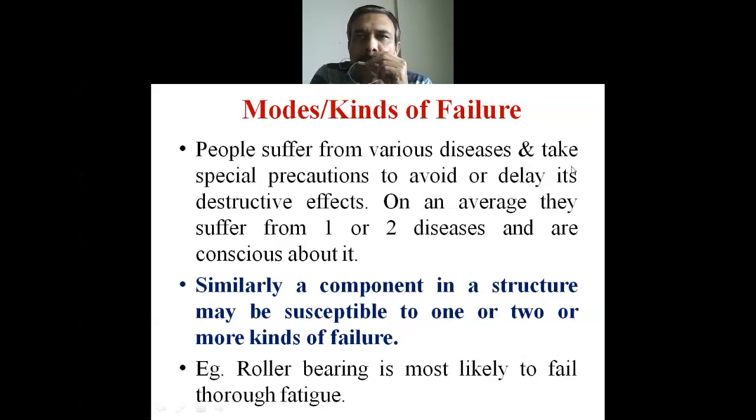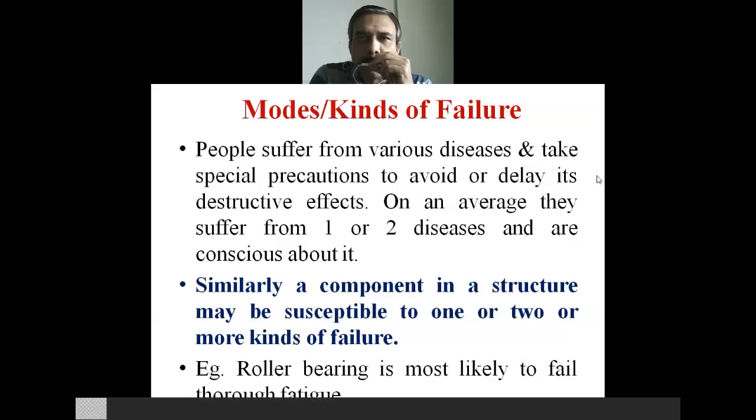Okay. So now let's discuss the different modes or kinds of failure. As we human beings suffer from various kinds of diseases, we take special precautions to avoid or delay their destructive effect. On average, we suffer from one or two types of diseases, and we are cautious about those diseases.